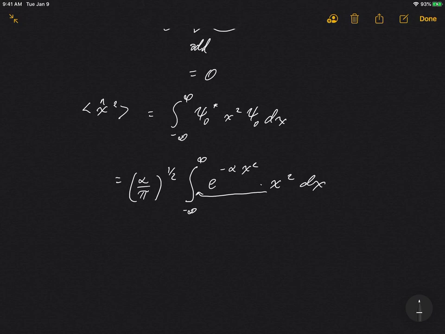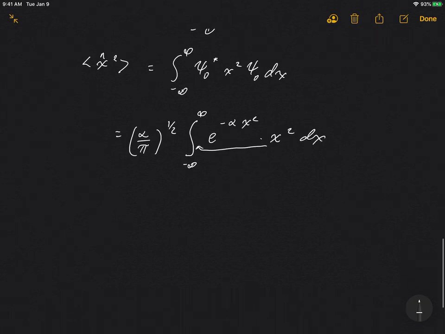This is one of those that you could find in a definite integral table, or you could plug it into integral.com or Wolfram Alpha, or use Maxima or Mathematica, and it's going to give you an answer.